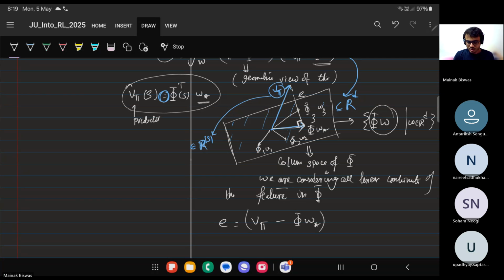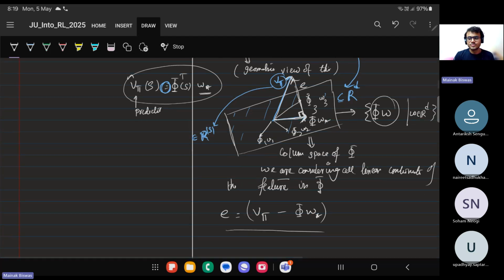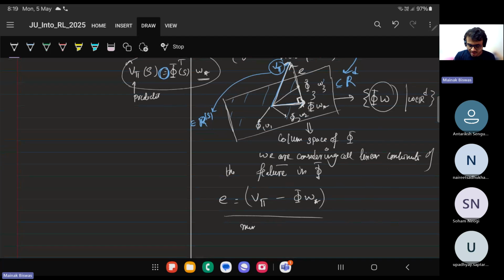Correct. So this is the vector form. You have a vector here and a vector here, and by the triangle rule, I can write down the error vector like this. So all we want to do is minimize the error vector. That is, we want to learn a vector W star such that it is just the projection onto the plane. That's all we want to do.